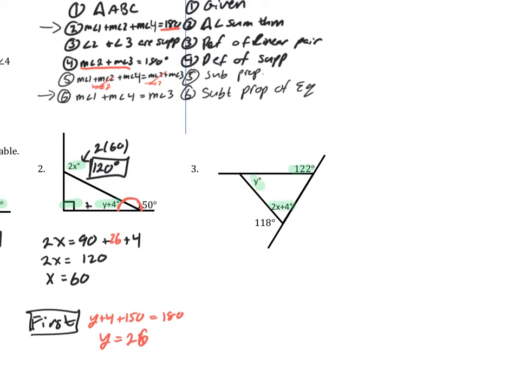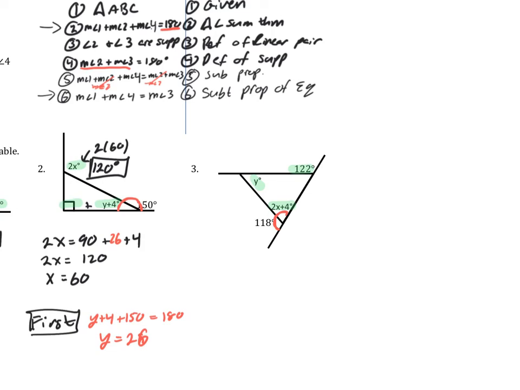But we have the same problem where we have two variables when we would set up this equation. So let's try to use something else to solve for one of them first. And I'm going to do the same thing where I'm going to recognize I have a linear pair here, and I'm going to make use of that.